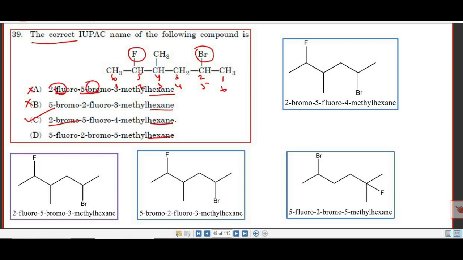F and B, it was not in alphabetical order. Option B is in alphabetical order, B and F, but the numbering is wrong. In compound D, you see 5-fluoro, 2-bromo, 5-methylhexane, and the compound structure itself changes. So option D is also ruled out. Option C is the correct answer.